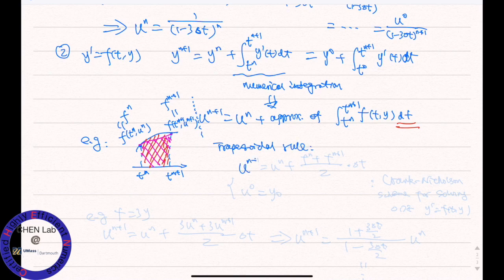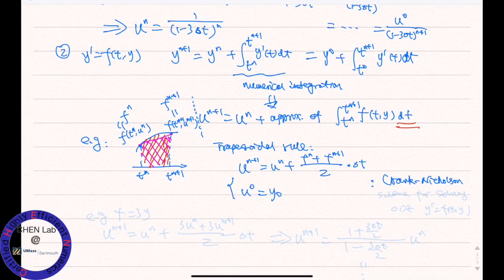Means that my u_{n+1} is equal to u_n plus, we integrate that, which is we take 1/2 of f^n and f^{n+1} times the length of the interval delta t, right? And then we of course still have u0 is y0. We use the trapezoidal rule for the integral.